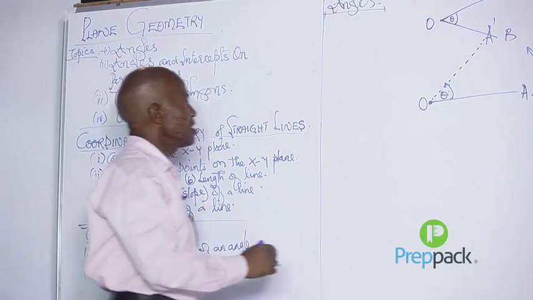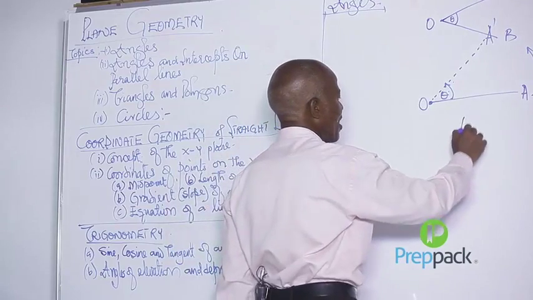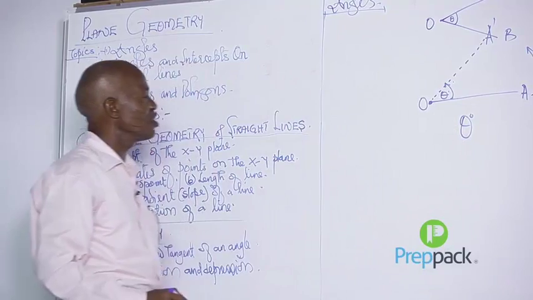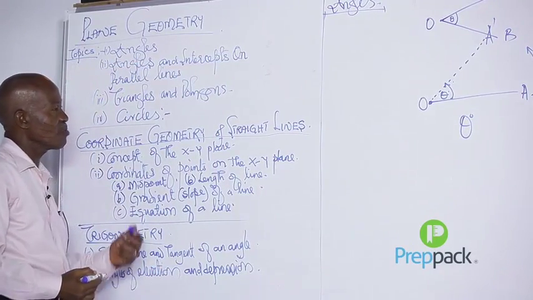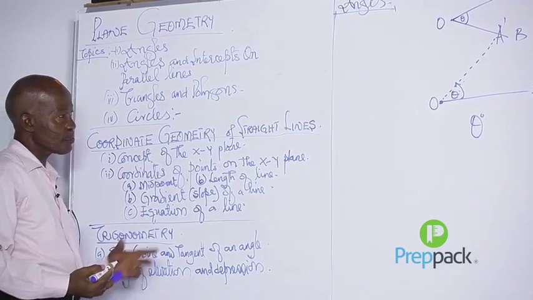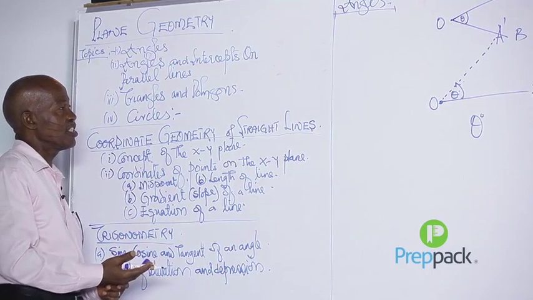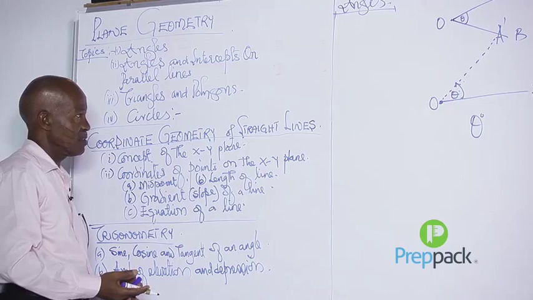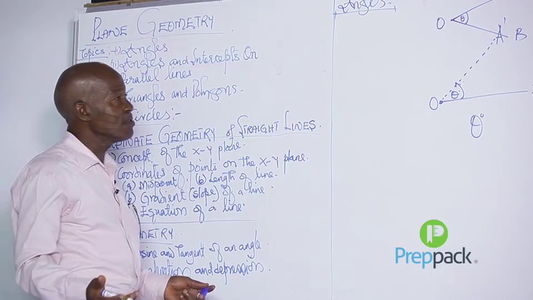Angles are measured in degrees. So if I have theta, theta degrees, that is how it is denoted, at the upper right of whatever symbol we are using to denote the magnitude of the angle. We have different angles.